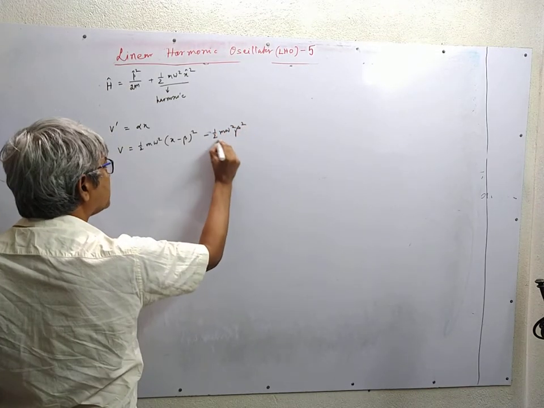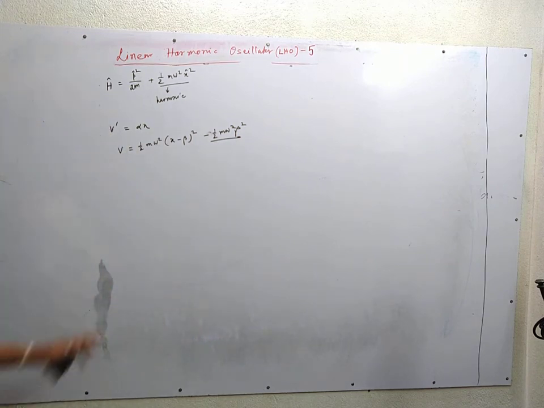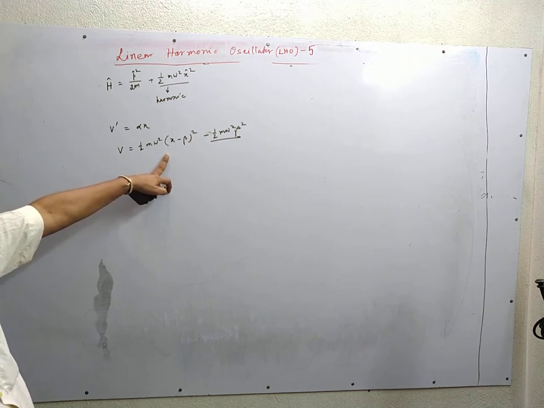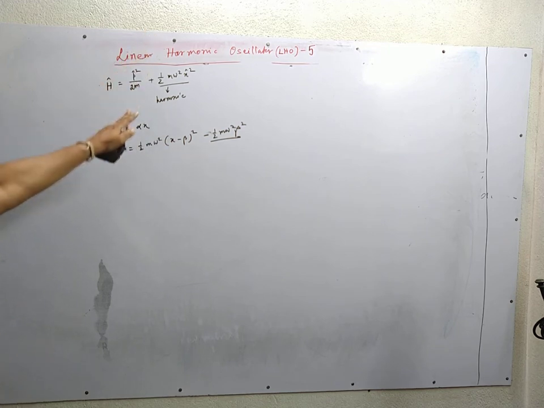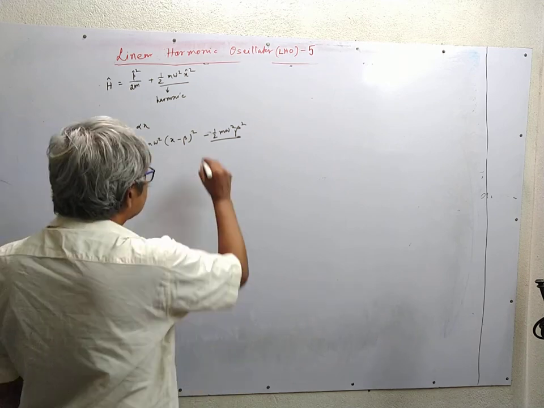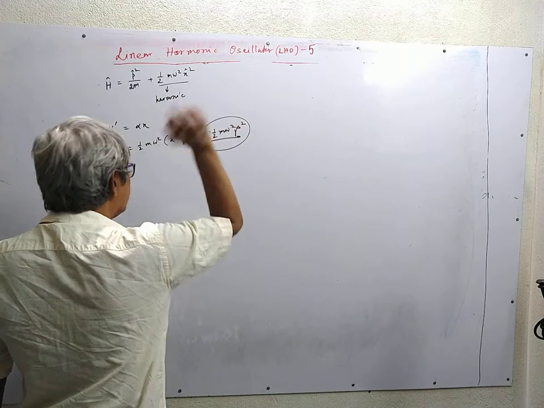Which is a constant potential, and we can neglect it. So far as we add a potential which is a linear function of position, the earlier description holds good. Only thing that there will be a shift of energy levels due to this factor.